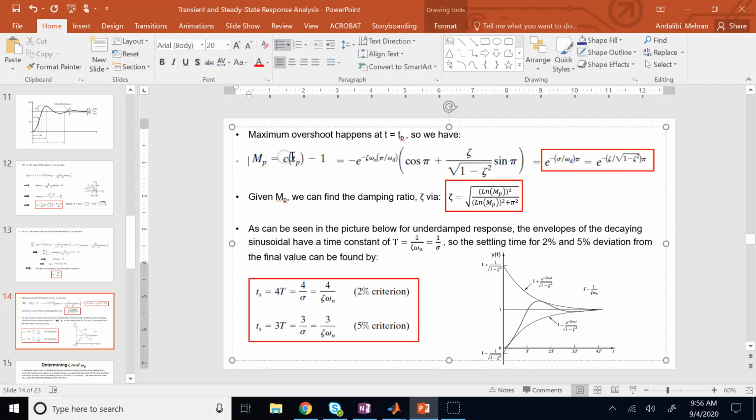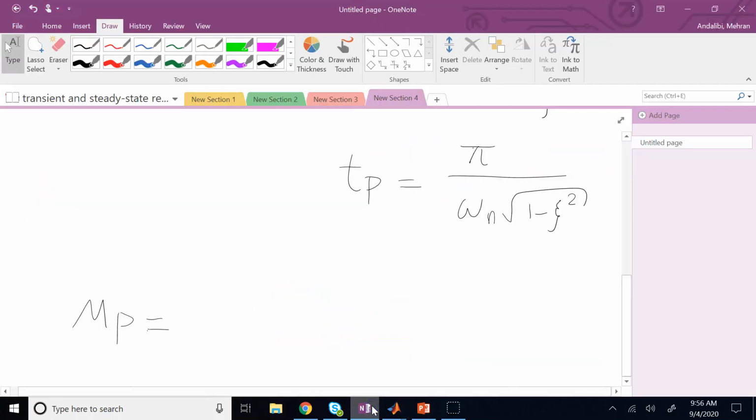So we calculated the output at the peak point minus 1, and if you simplify, it is going to be e to the negative zeta pi over the square root. So MP is an exponential of negative pi zeta divided by the square root of 1 minus zeta squared.